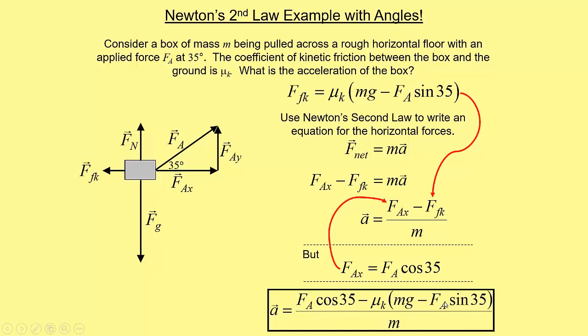Figure out F of AX, figure out F of AY, figure out the weight, figure out friction, and plug numbers in, and come up with the acceleration. Do all your work off to the side. That's okay. But if you want to take it to that next level of sophistication, see if you can write things out symbolically when you're working them through. You'll see me do this, of course, in my keys, and then put numbers in the last step.